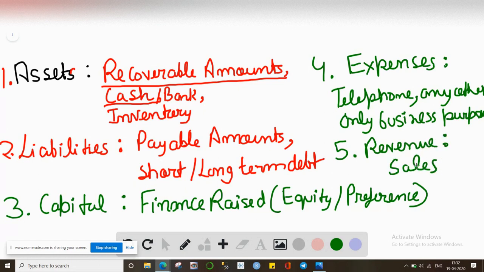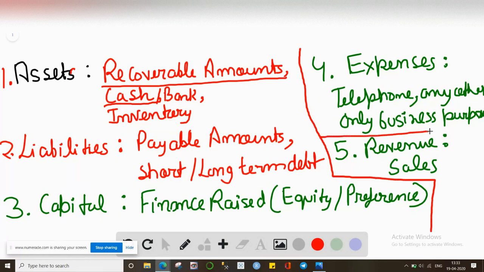Sales, revenue, sales, other income, like that. So we have five types of accounts, and we have also stated some of the terms which we classified under the respective heads.